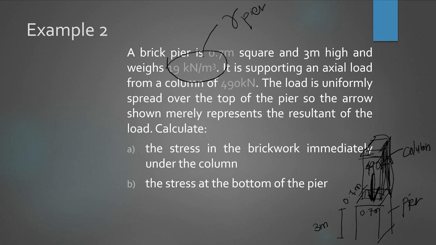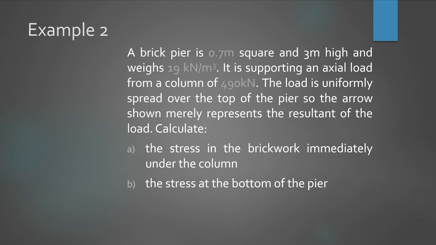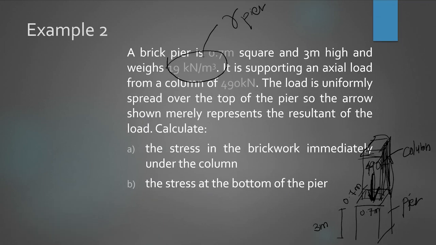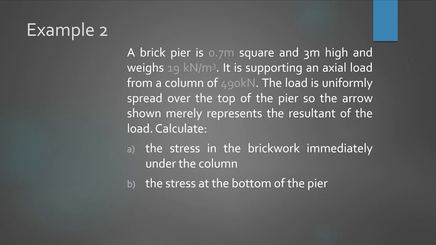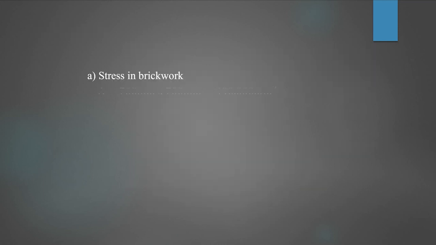Okay, so we can simply calculate using the formula force divided by area. That's why we calculate this, because the question asks for the stress in the brickwork, right under the column. Okay, so we calculate the stress in the brickwork.